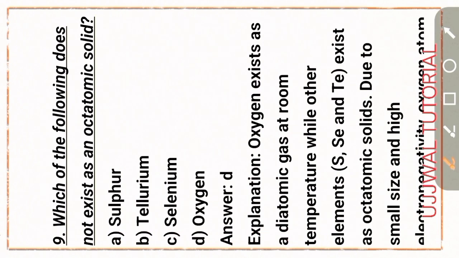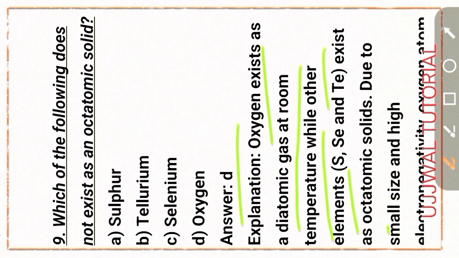Which of the following does not exist as an octaatomic solid? That is option D. To explain this part, oxygen exists as a diatomic gas at room temperature, while the other elements, sulfur, selenium and tellurium, exist as octaatomic solids.